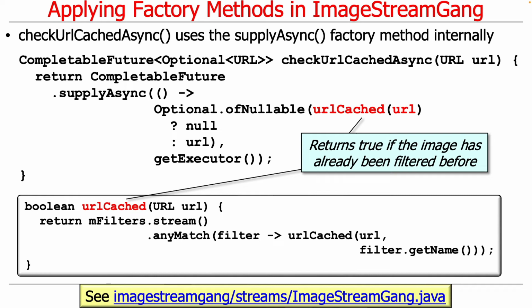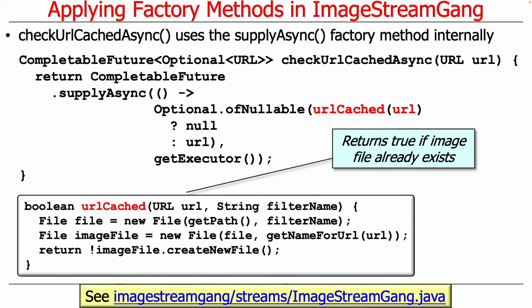So we create a stream of those things, and we check to see whether any of those filters are already existing in the file system, given the name that we use to construct the downloaded image and filter it. So we're using the cool anyMatch short-circuiting terminal operation to say the URL has been cached if there's anything in the file system that already has the same name as applying the transform to an image.